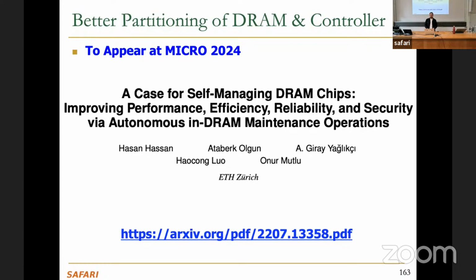And this is important because, as I said earlier, doing any simple change in the DRAM and memory controller communication protocol is a very painful and high latency process because of convincing all the different parties in the consortium. And as a result of that, we have some maintenance mechanisms that are implemented with a huge delay.